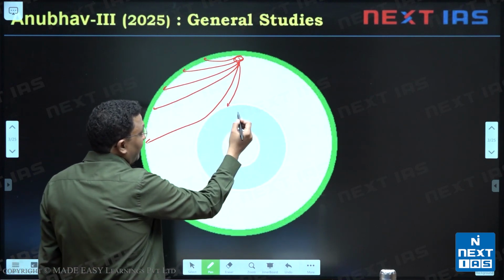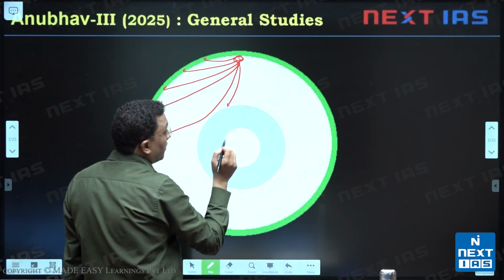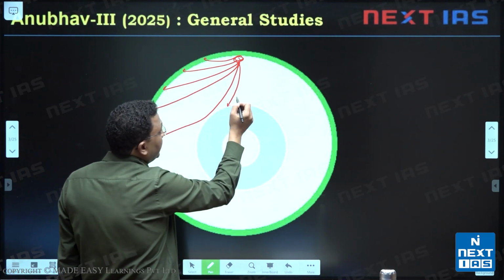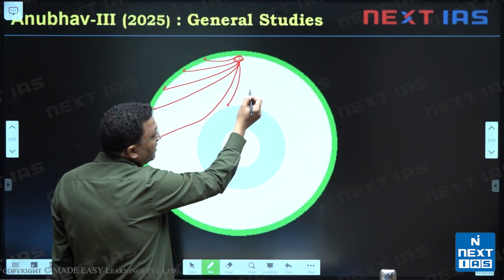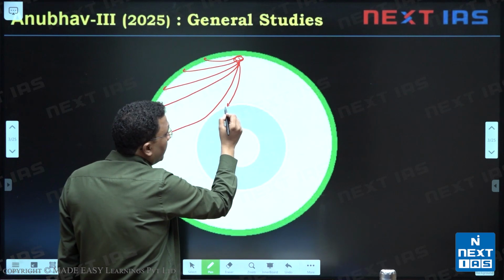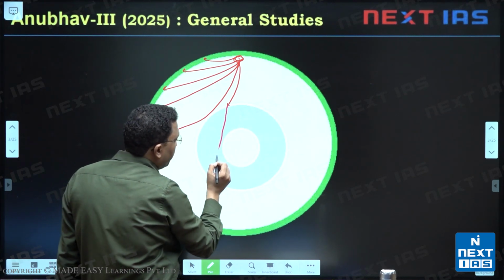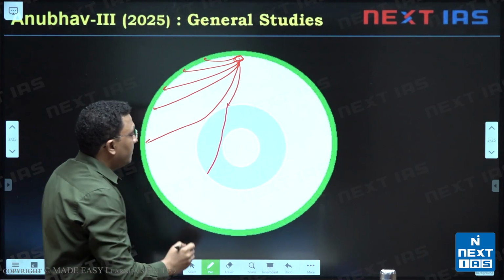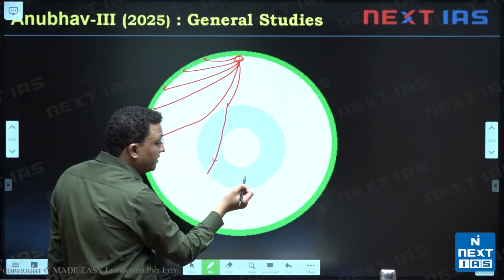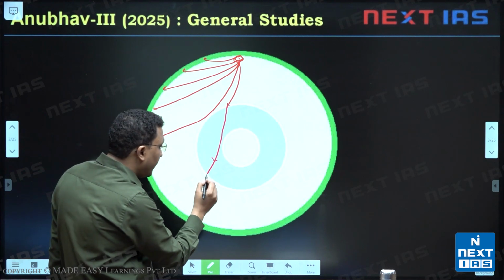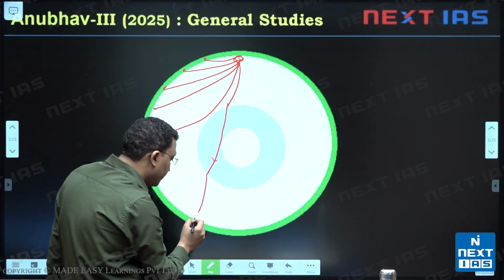So it will penetrate through this liquid outer core, but what happens is that at this boundary, that is when it is entering from solid mantle to liquid outer core, it gets refracted, right? So it gets deviated from its path, right? Again when it is leaving the outer liquid core and entering into the mantle, it again gets deviated from its path, right?